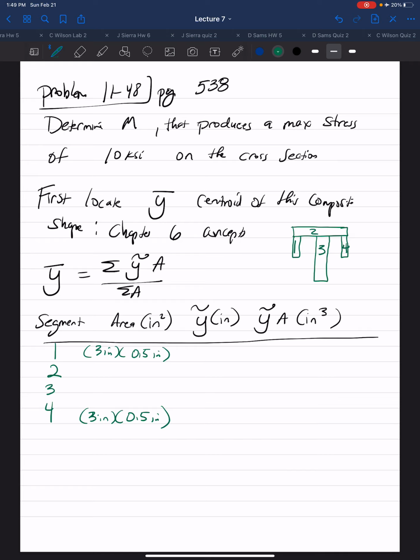The area for segment 2, base times height, is 3 plus 0.5 plus 0.5. So that's 4 inches times the height, which is 0.5 inches. The area for segment 3 is 10 inches times 0.5 inches.